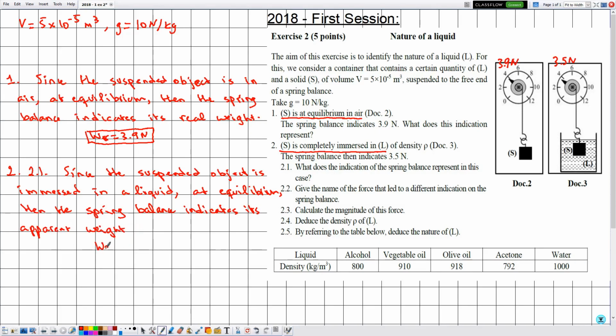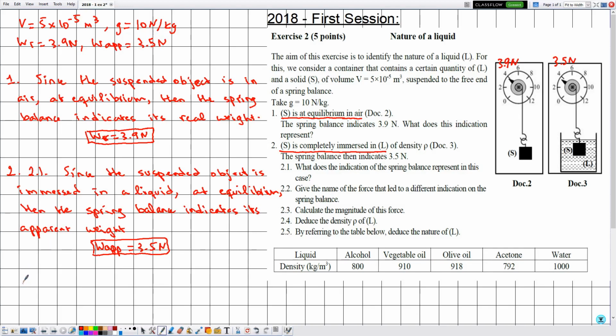Therefore, the apparent weight is given by the indication of the spring balance, which is 3.5 newtons. So here let me write that the real weight of the object is 3.9 newtons, whereas its apparent weight is 3.5 newtons.